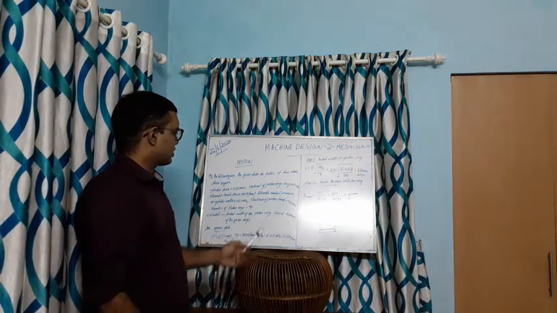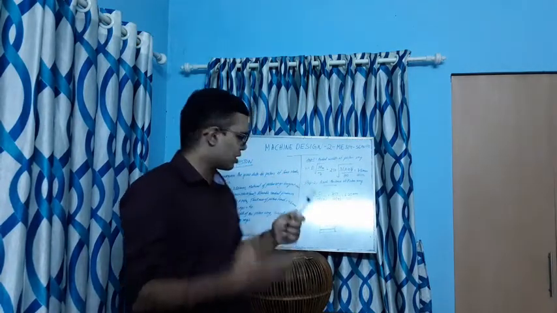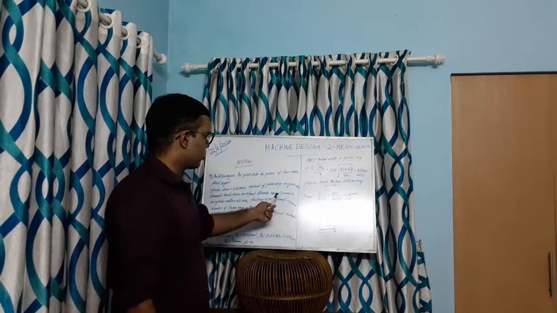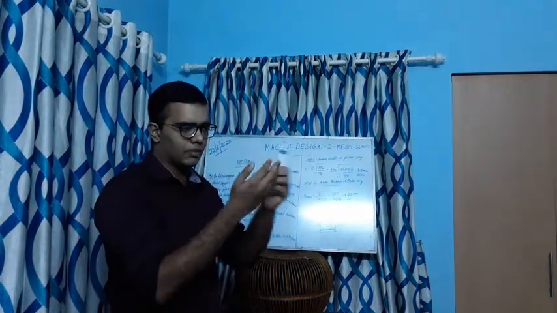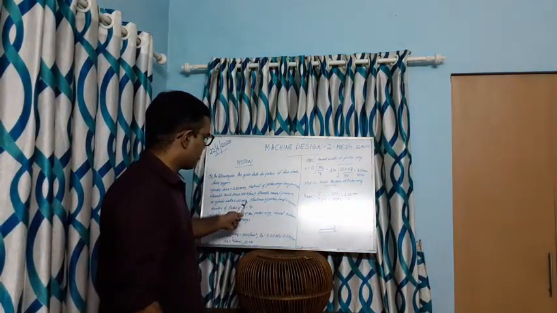The allowable tensile strength, the maximum tensile strength that is permissible, is 100 Newton per mm square, and the allowable radial pressure on the cylinder wall, the maximum pressure that can be applied, is 0.03 megapascal.